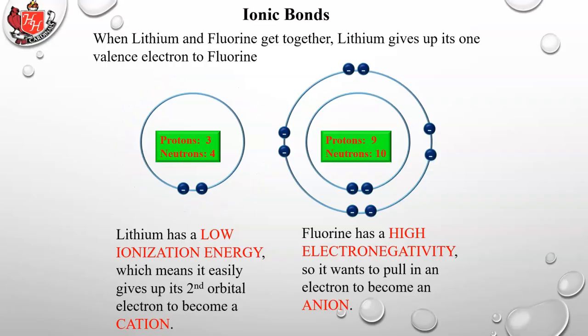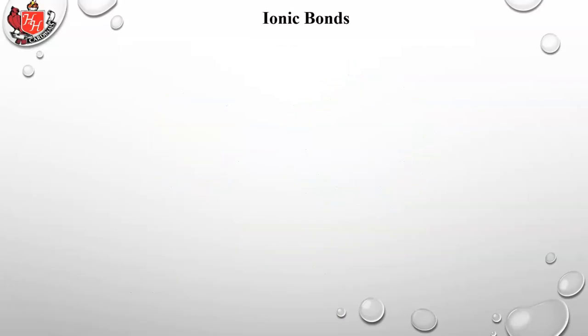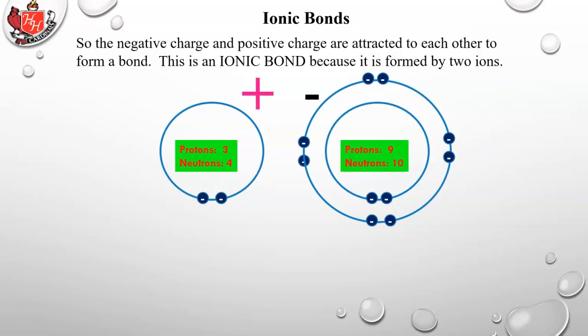Now the second orbital of lithium disappears, and now lithium has a full valence orbital, its first orbital, and fluorine has a full second orbital, that's its valence orbital. So the negative charge and the positive charge are attracted to each other to form a bond.